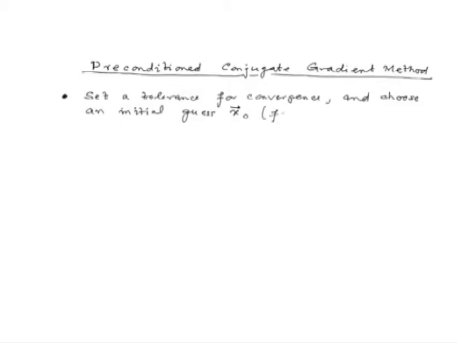So that is the first step which we need to fix: set a tolerance for convergence check, and choose an initial guess, let us represent our initial guess by vector x0, for the solution of the system of equations, which we are going to represent as Ax = b.